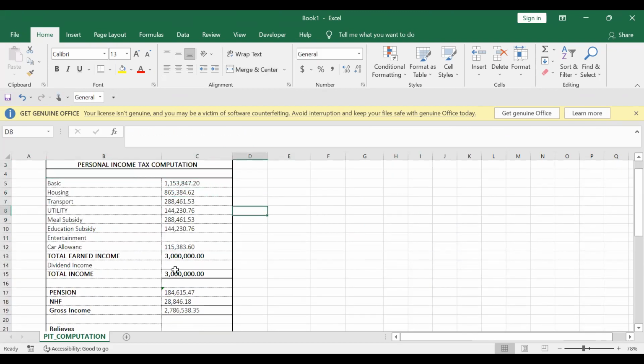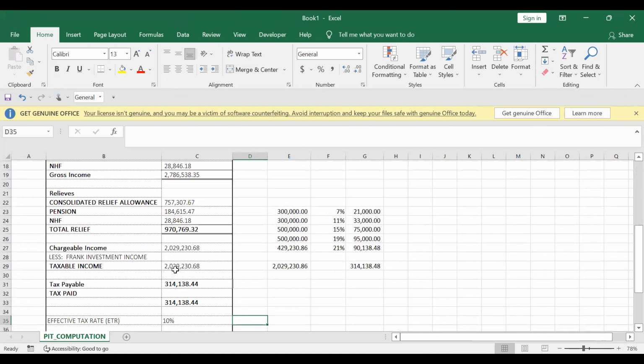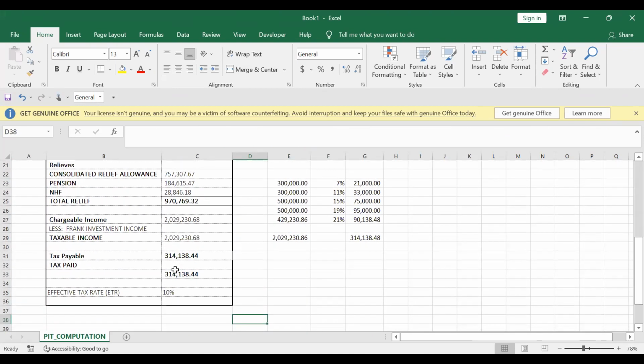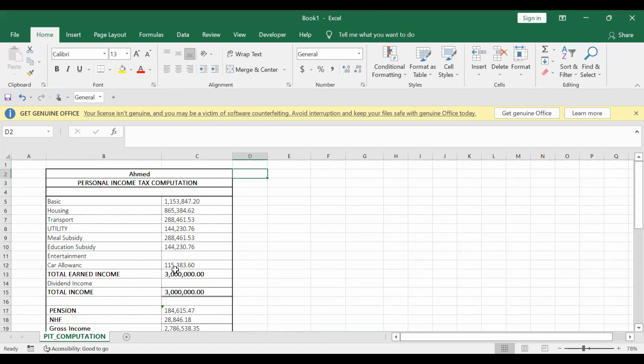What happens if you are given the income of the employee in months? How do you calculate this in months? This is also doable, right? All you need to do, let's take a typical example. Let's assume this person only worked for 3 months.